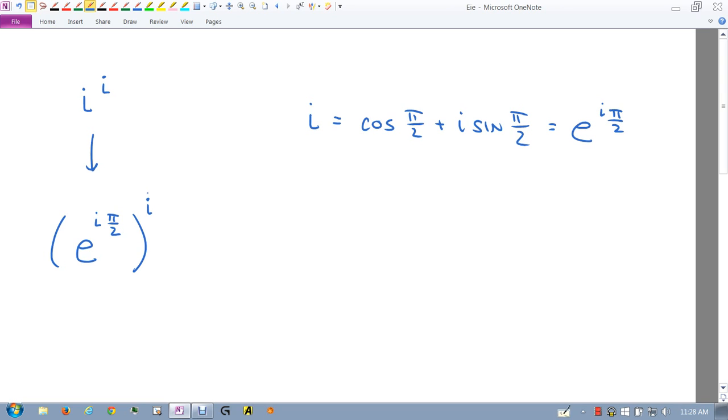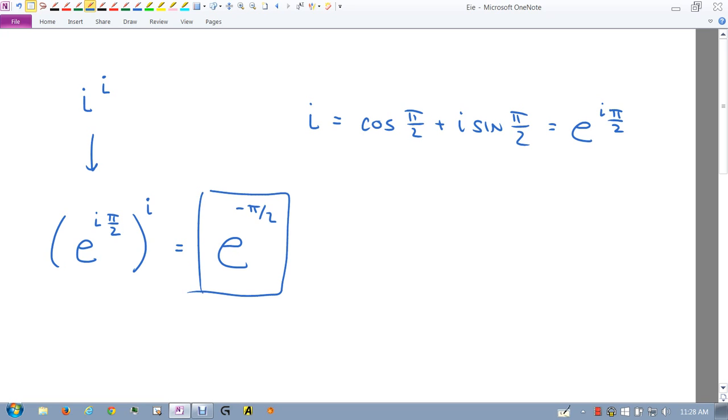Multiply them. What's going to happen when I hit i times pi over 2 with i? i times i is negative 1. So you get e to the negative pi over 2. And that is now a real number, and you can actually just type that into your calculator. But the exact answer is this. So i to the i is e to the negative pi over 2.